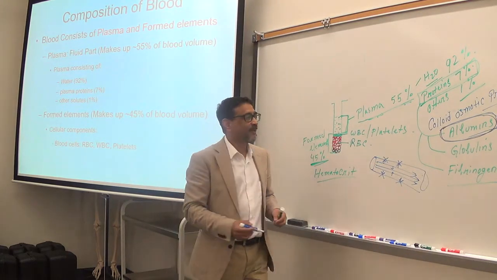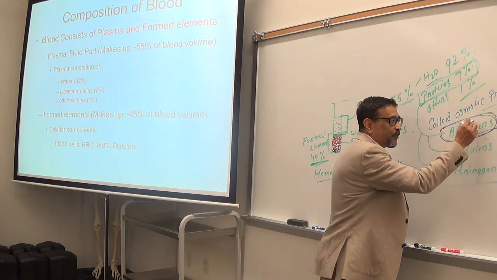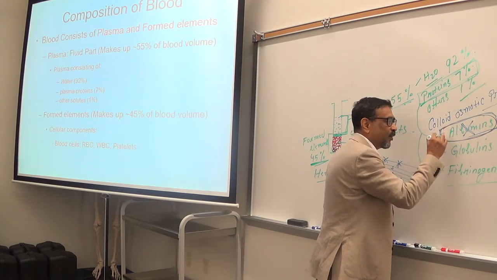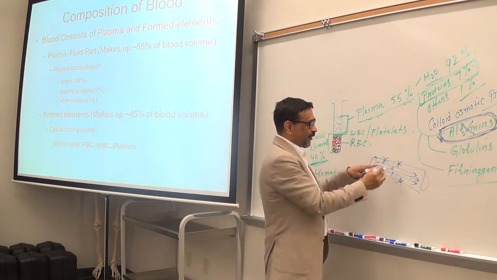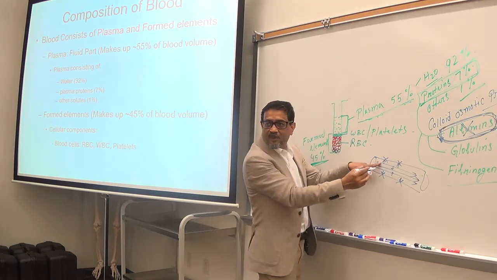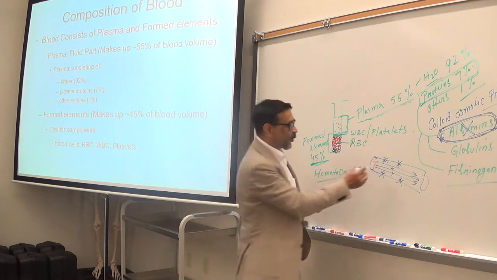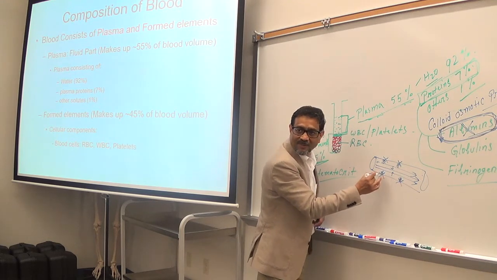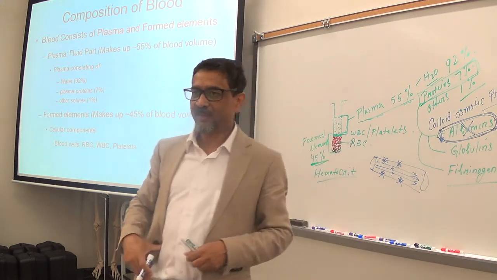Now you tell me, if in someone's blood the plasma protein albumin volume goes down, production is very low, albumin is very low, then this colloidal osmotic pressure will be low. Make sense? So blood will tend to do what? Get out from the blood vessel. And that happens in liver cirrhosis.